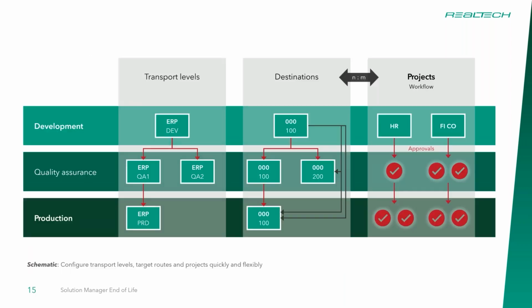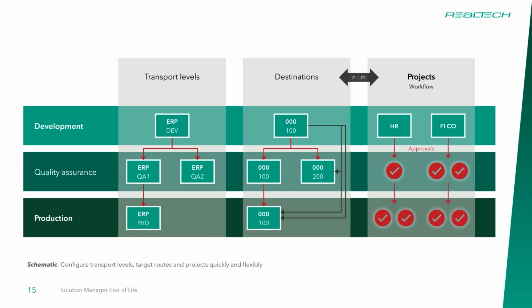So this is a little bit about our architecture, and you're going to hear me say this during the demo. Transport levels, destinations, projects, right? A transport level to us is REALTECH terminology for how we group the systems underneath levels. So every client has a development level, a quality assurance, and a production. Destinations to us are analogous to the transport routes, how we actually import the transports into what systems and what clients.